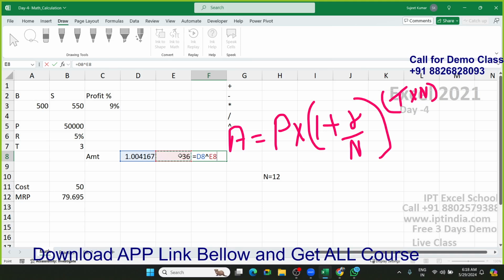Press enter, you get the result. Now we finally multiply by P, so equals the 50,000 multiplied by this. So we got the final result, 58,073 rupees and 61 paise.